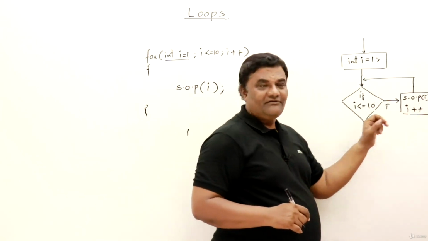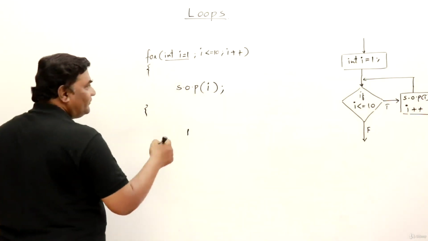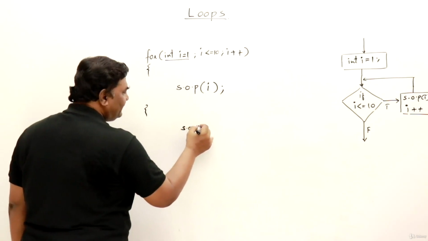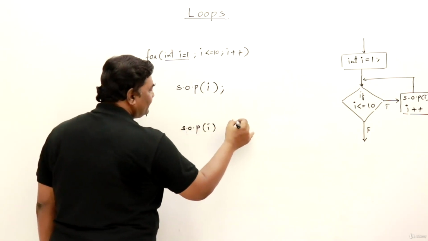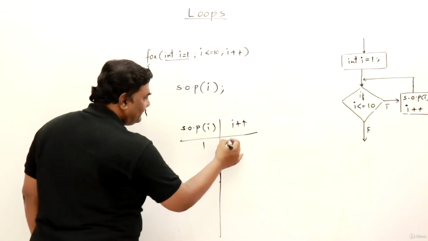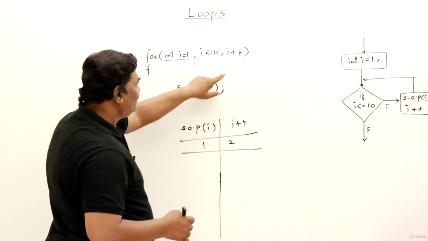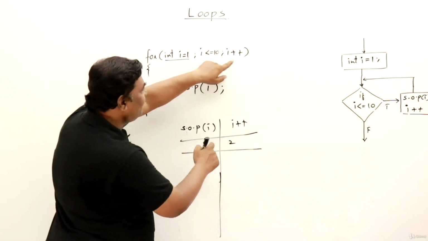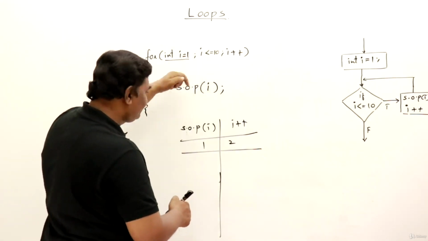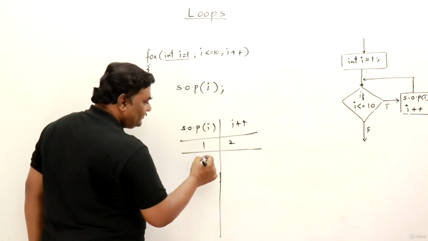Then it modifies the value of i, so the i value becomes 2. First it prints i and then i++. i is initially 1, then i becomes 2. Again it goes up, increases the value of i and the condition is checked. 2 is less than 10, yes, so it enters inside and prints 2.